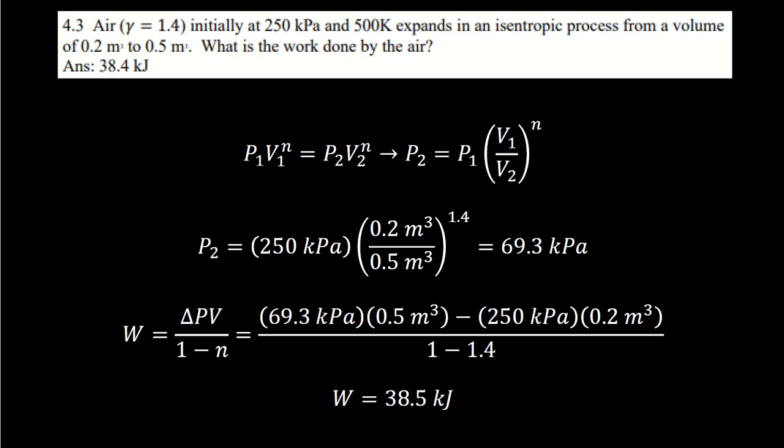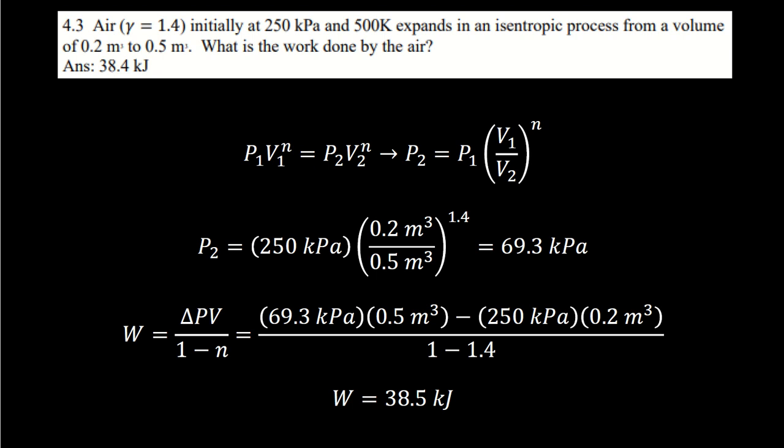and n equals gamma in this particular case, 1.4. Now, since for this type of equation we need to know both the starting and final pressure and volume, we need to use our polytropic equation to solve for our final pressure, where P1V1 raised to n equals P2V2 raised to n.